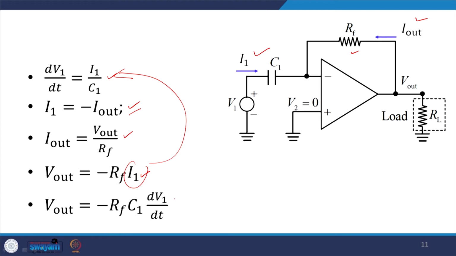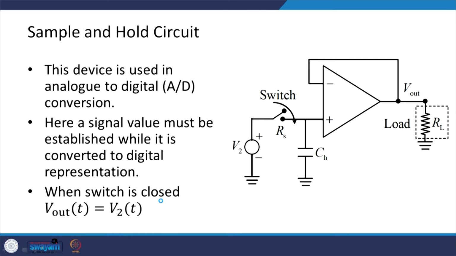So, here you can see that what we are getting is basically my input signal getting differentiated, and it is multiplied by some factor with an inverting sign, and that I am getting as the output. Okay. So, this is how we get the differentiated signal.